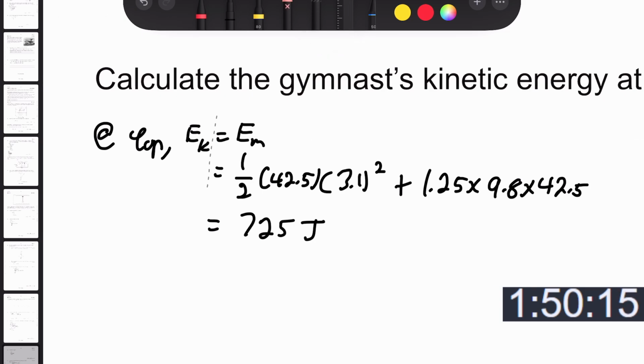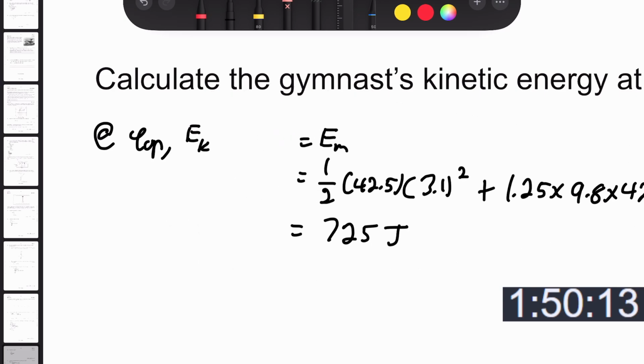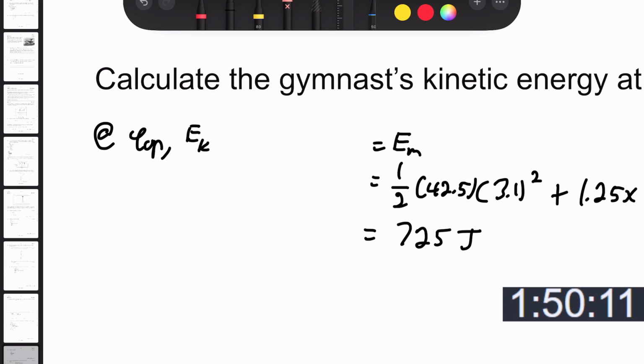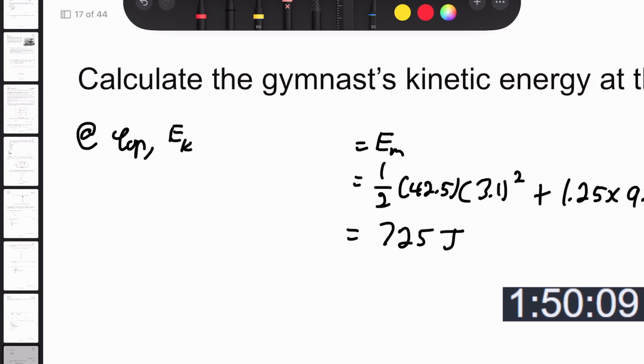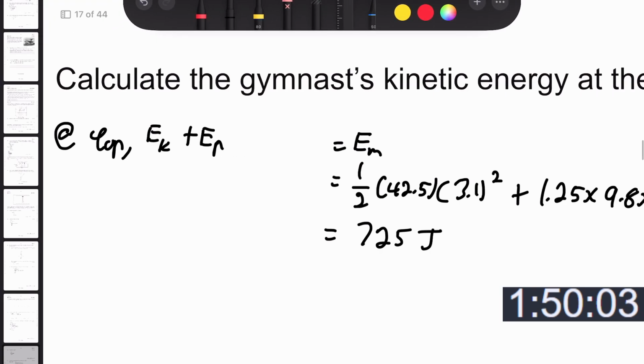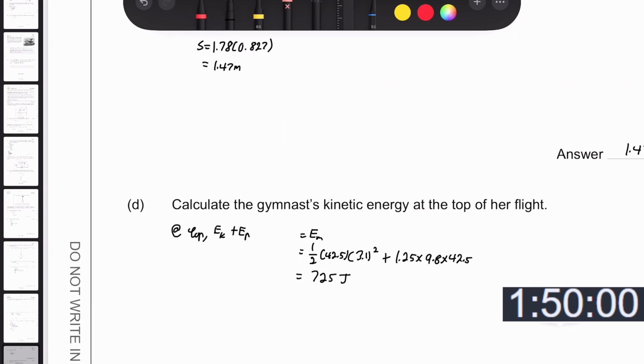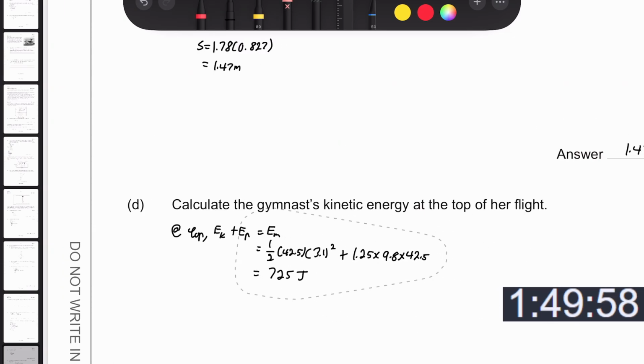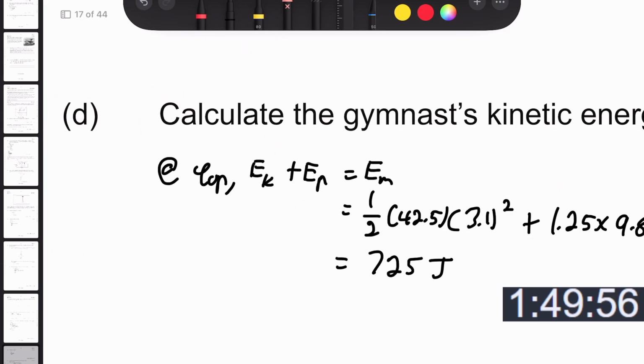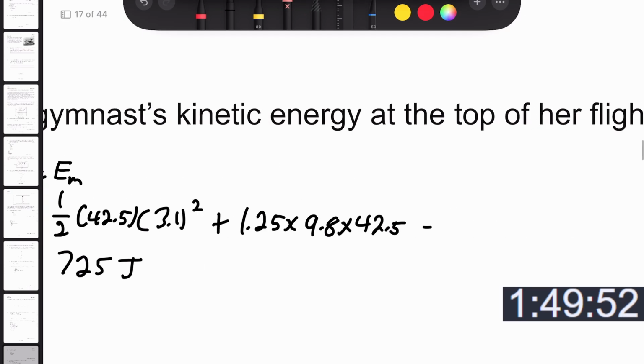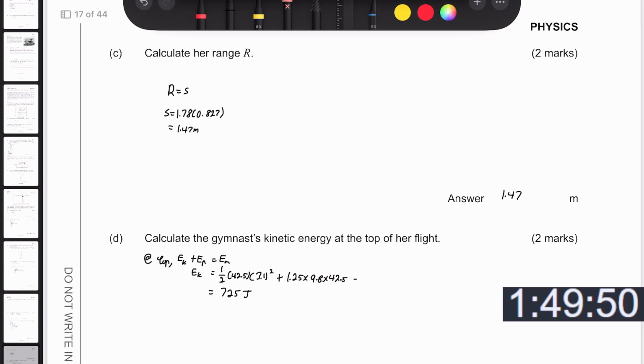Sorry. This would be K plus EP, I guess, equal all of this. So then EK is equal to that minus 1.25.